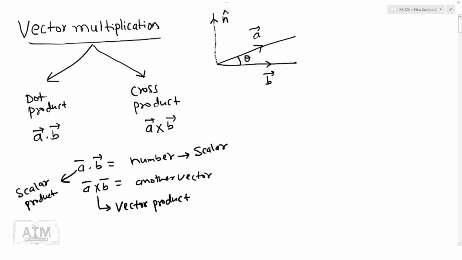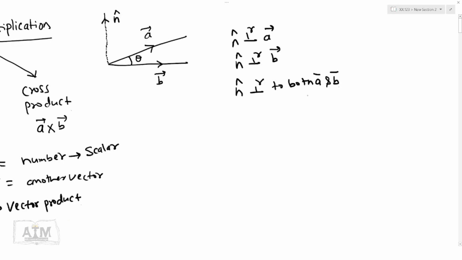So n cap is a normal vector, normal to vector A as well as to vector B. So n cap is perpendicular to vector A and n cap is perpendicular to vector B. And one more thing, what is the value of n cap? n cap is a unit vector.